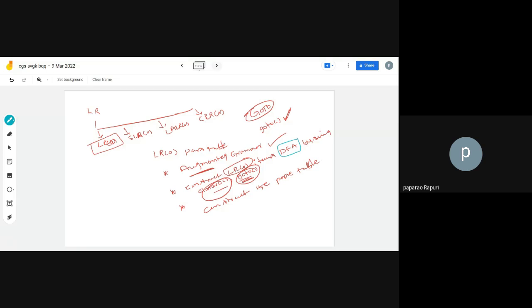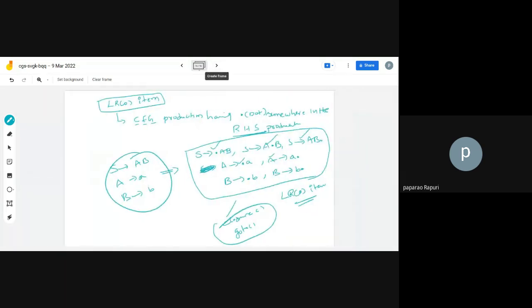Sir, in context-free grammar, why DFA? Why are we calling it DFA? Suppose these are the dot productions, LR0 items. If you see, these all are finite. Suppose you take any grammar, we can say that the LR0 items for that grammar are finite.